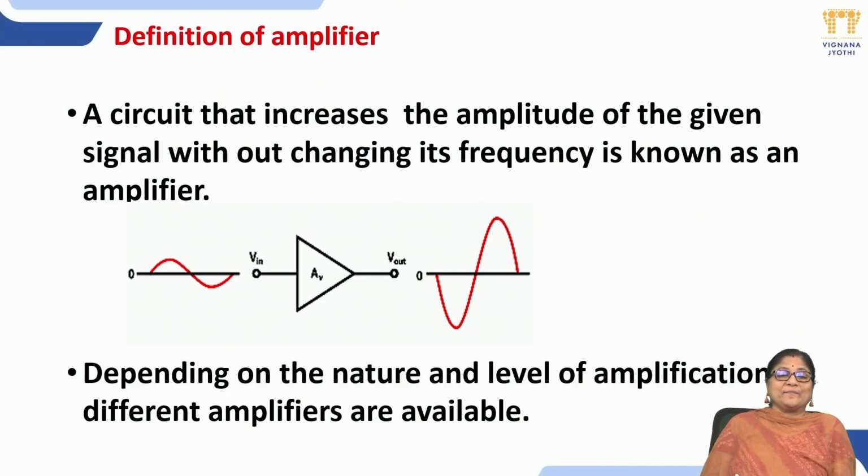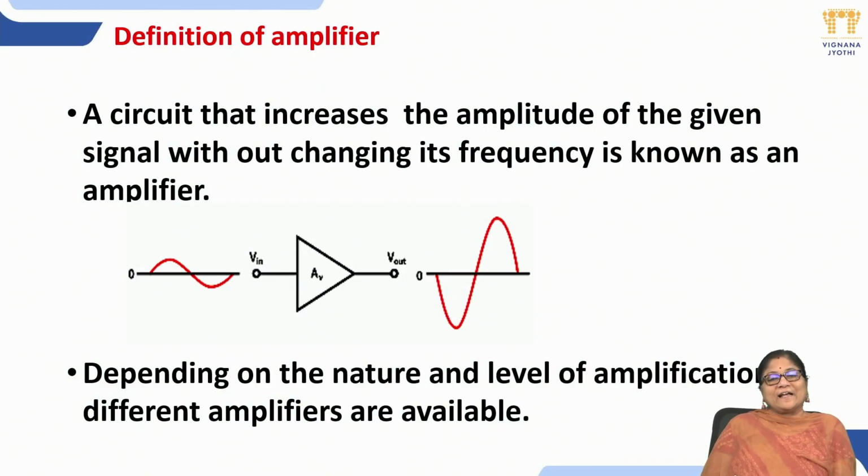Then it is known as an amplifier. Based on different parameters, like what kind of parameter we are increasing or changing, there are different types of amplifiers available in the literature. So basically an amplifier takes a continuous time input signal and provides some amplification without changing its frequency, and it should not introduce any distortion.